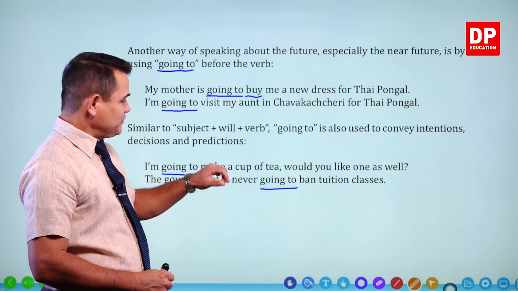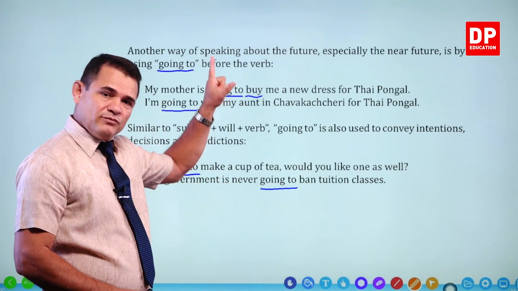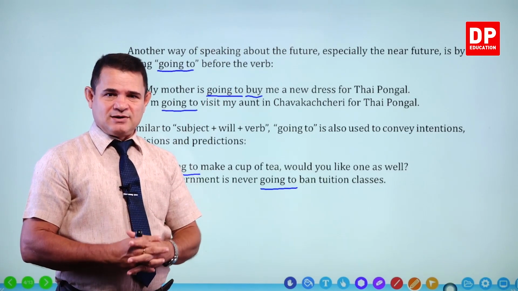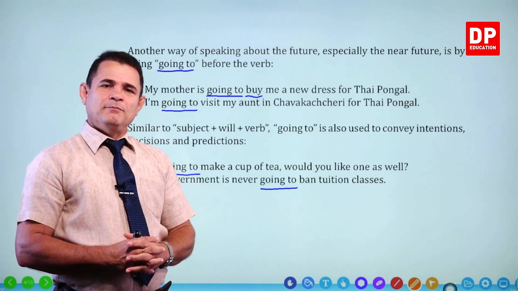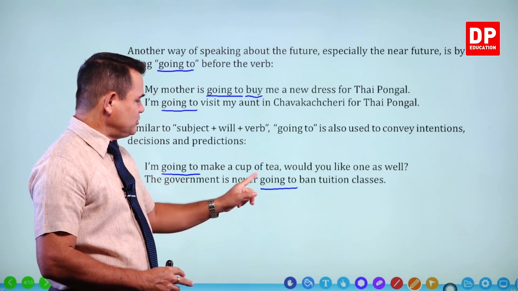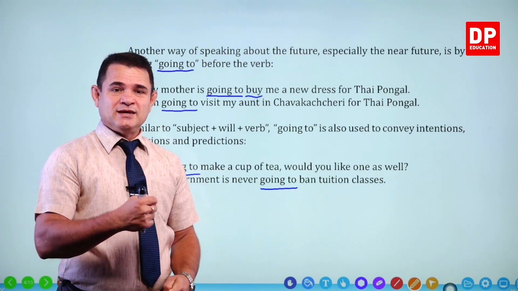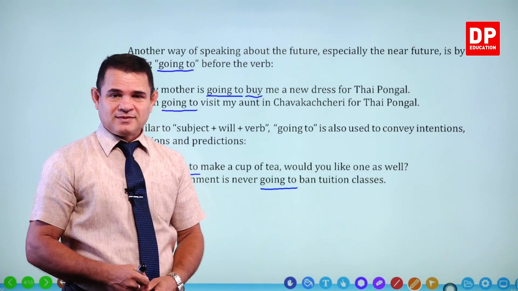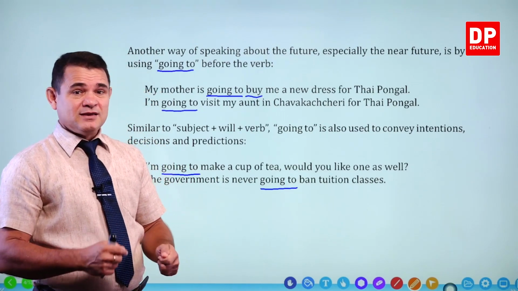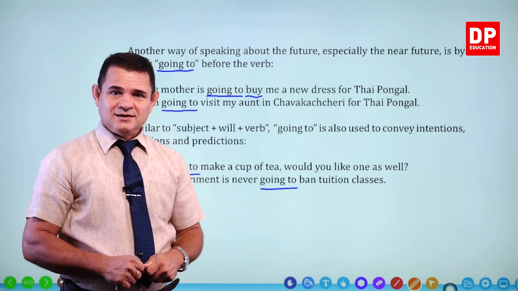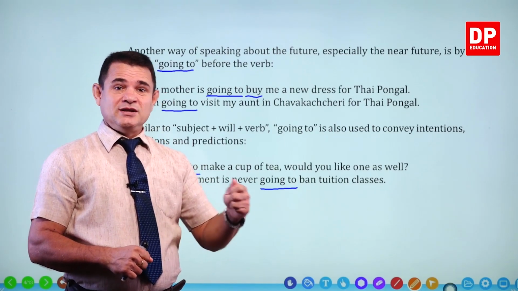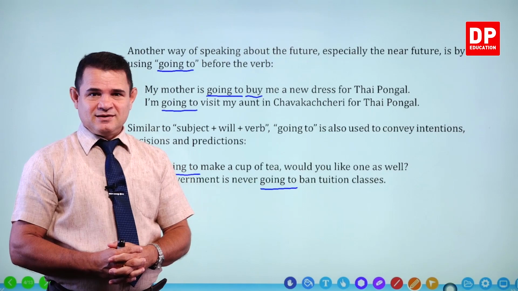So now, as you practiced with will, now make more sentences using going to. I'm going to do my A level next year. I'm going to buy a bicycle. I'm going to borrow a new book from the library.